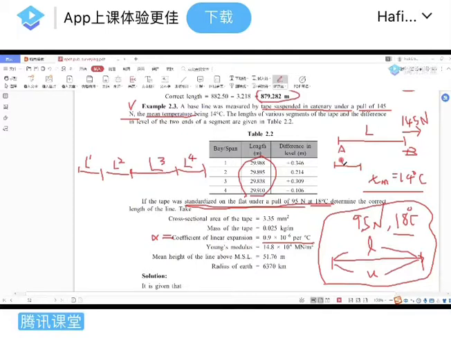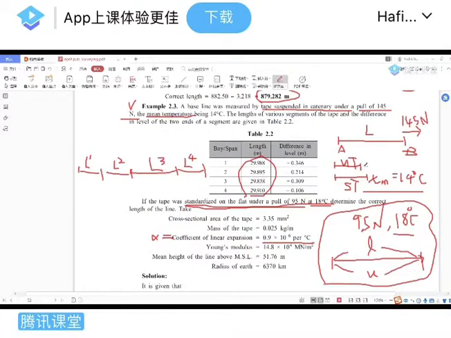These are the used tape, and this is the standard tape. Easy to understand. Why? Because the standard one is 18 degrees. When it's hotter, then the metallic element will be elongated, to some degree, to some bit.